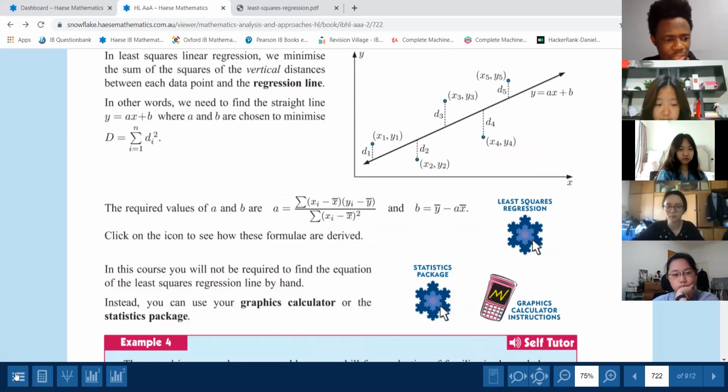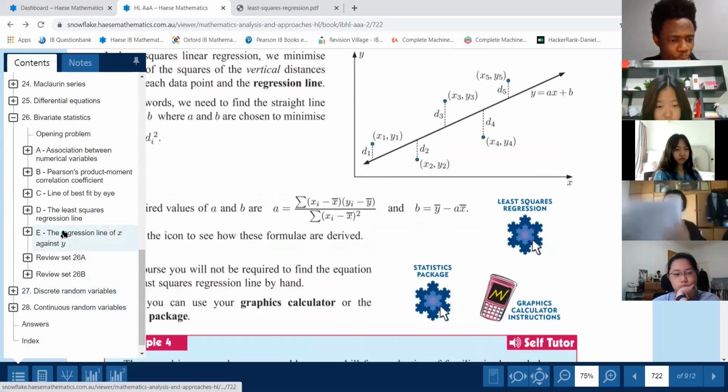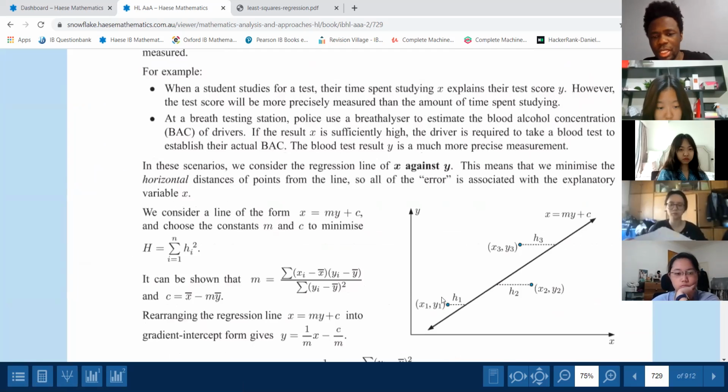But in the other case for today, let me go back to that point. I hope you can see the book here. You see, here we are interested in minimizing the horizontal distance. Okay, look at this line here.